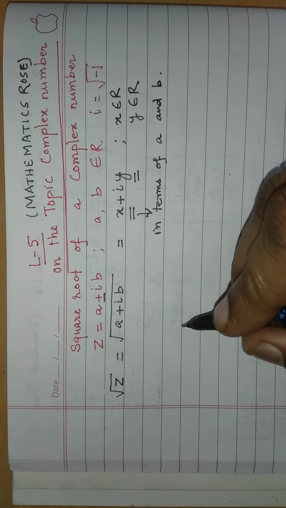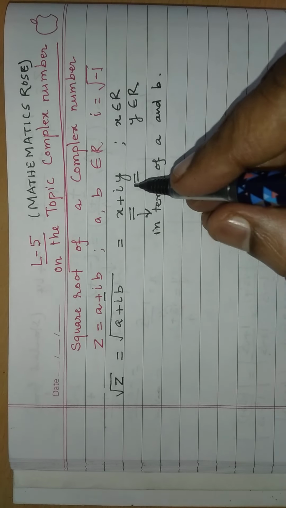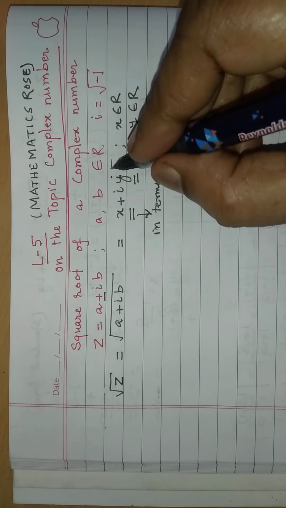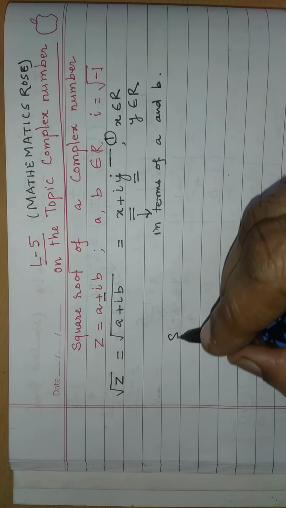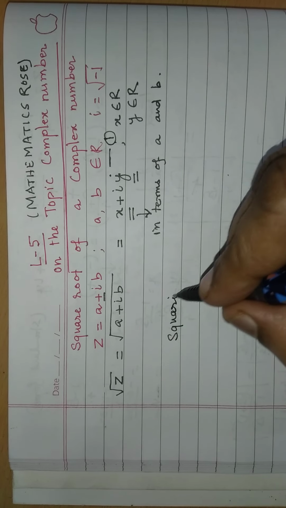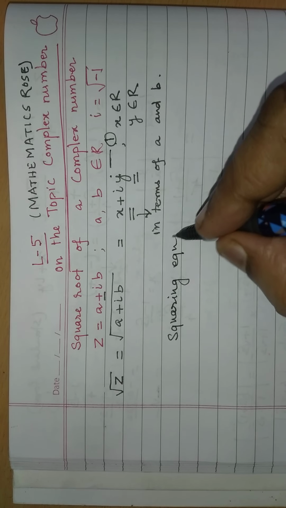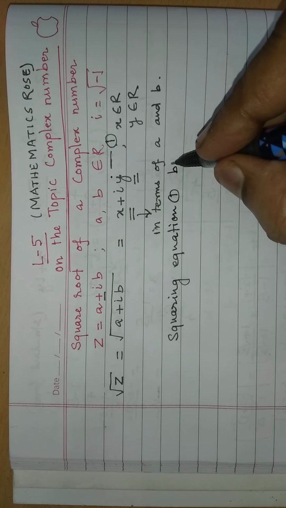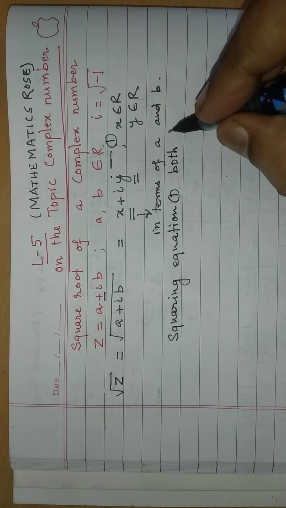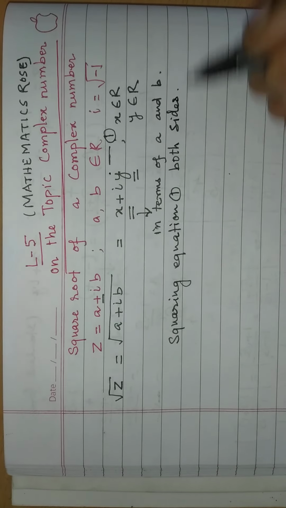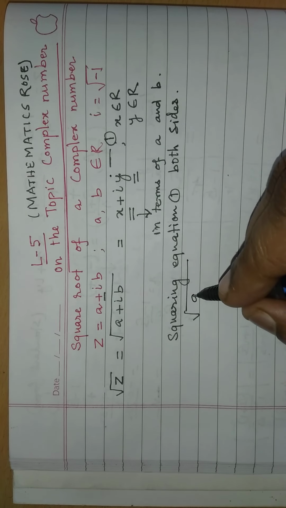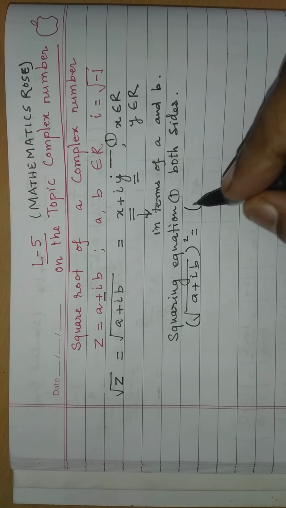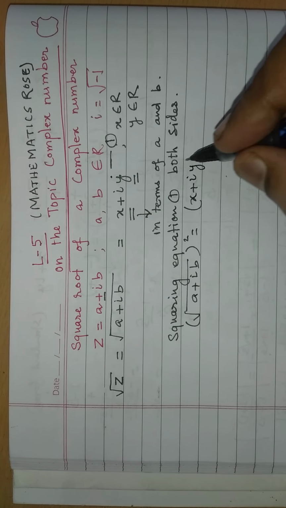So here let us take this equation as equation number 1 and square both sides. Now root under a plus ib whole square is equal to x plus iy whole square.